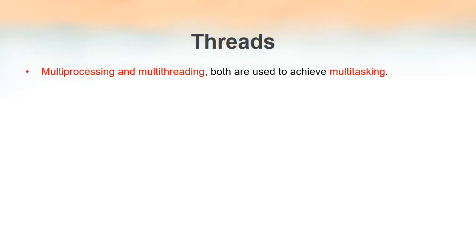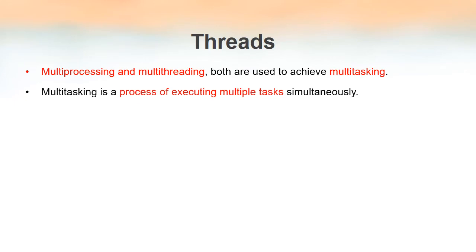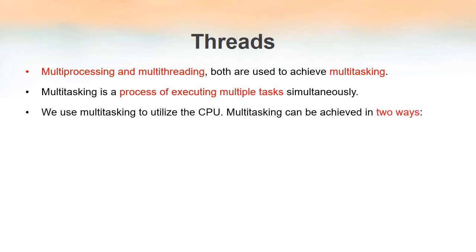So what is multitasking? Multitasking is the process of executing multiple tasks at the same time. We use multitasking to utilize the CPU. We know that our CPU, the central processing unit, is capable of doing so many things. So if it has to be used properly, we should not make the CPU sit idle.